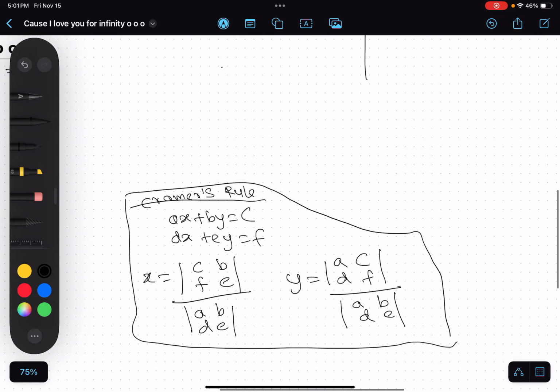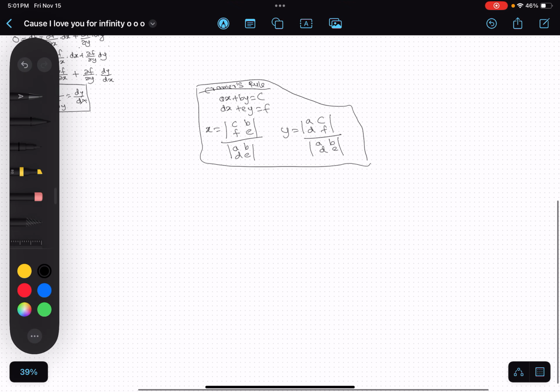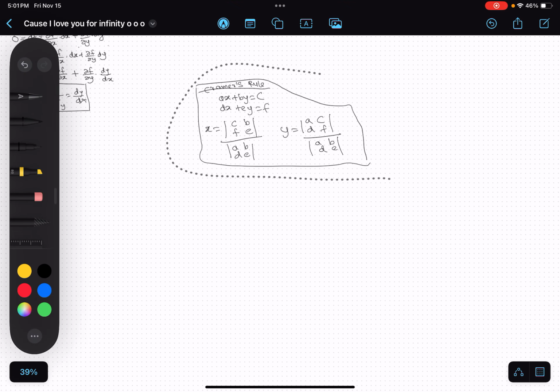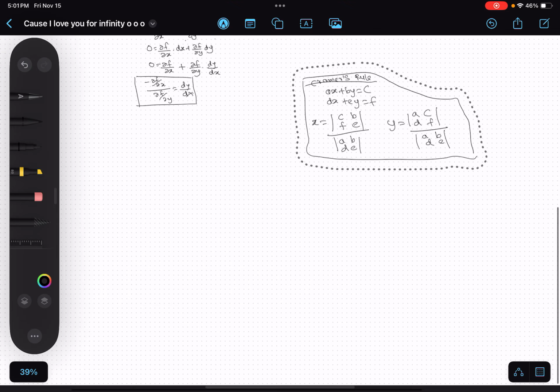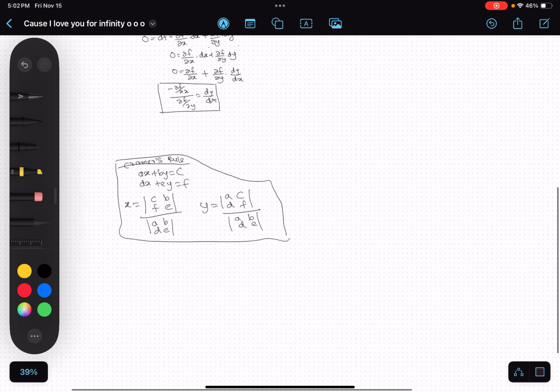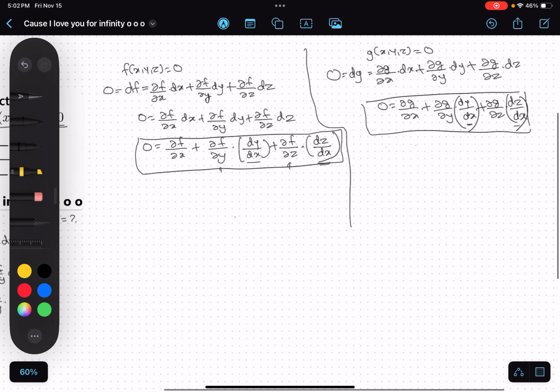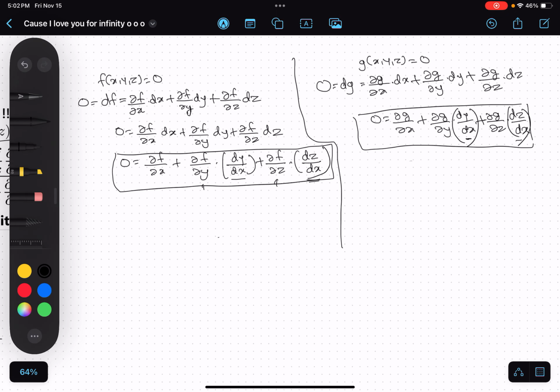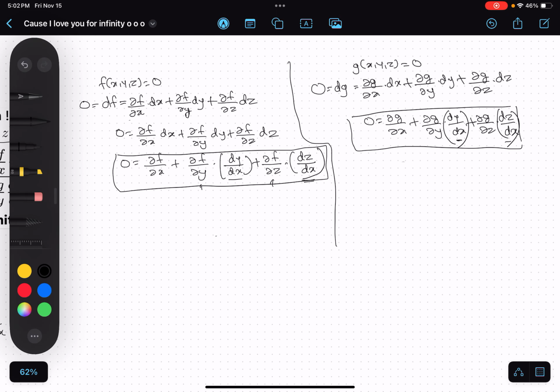Now if you know this, I think I need to shift this a bit because I need to make some space. Okay, so first of all let us write it in proper form.